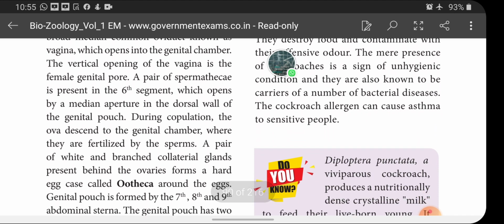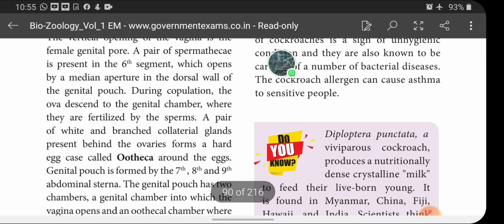A pair of white and branched collateral glands present behind the ovaries forms a hard egg case called ootheca around the eggs. The genital pouch is formed by the 7th, 8th and 9th abdominal sterna.